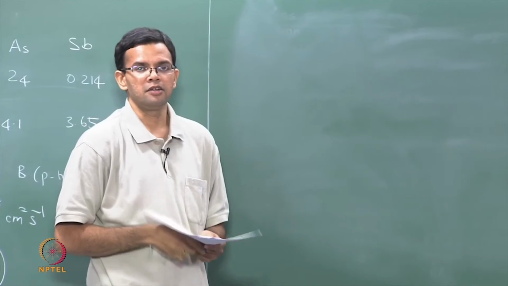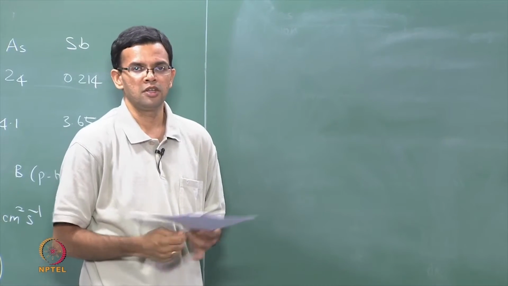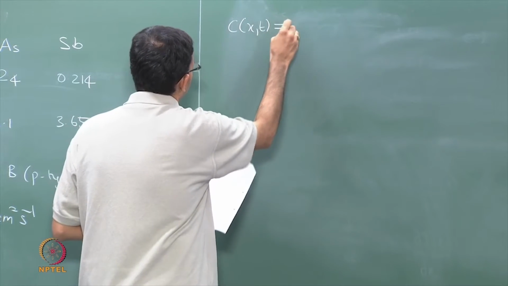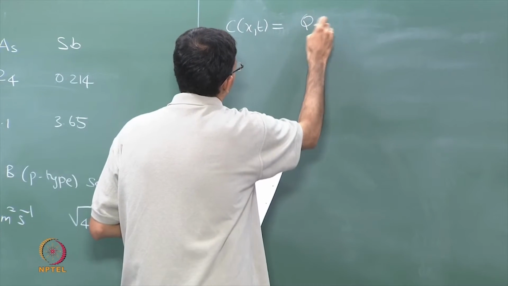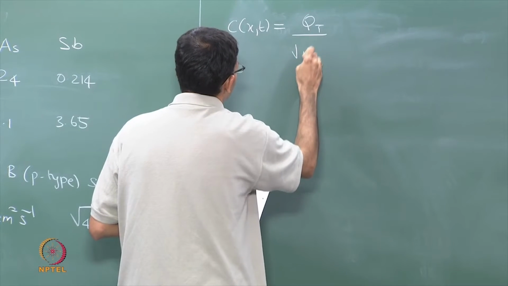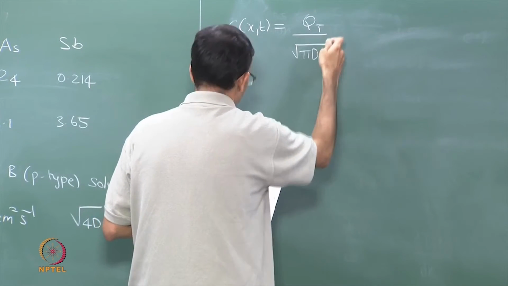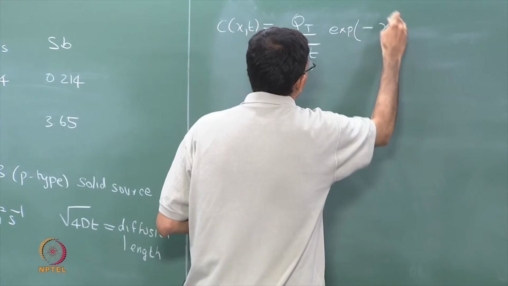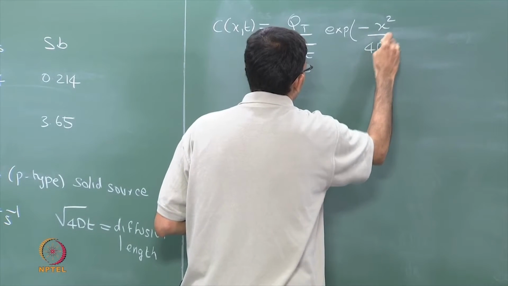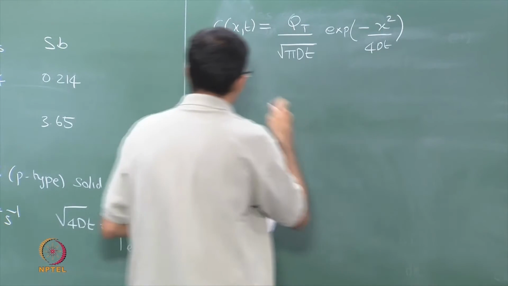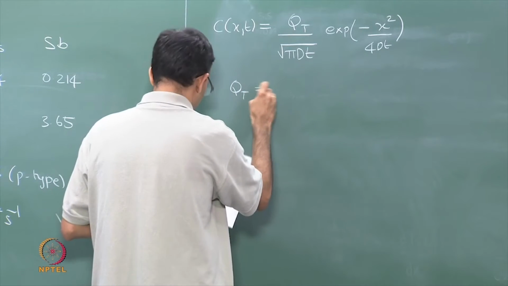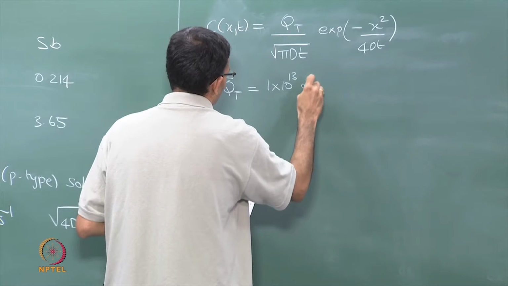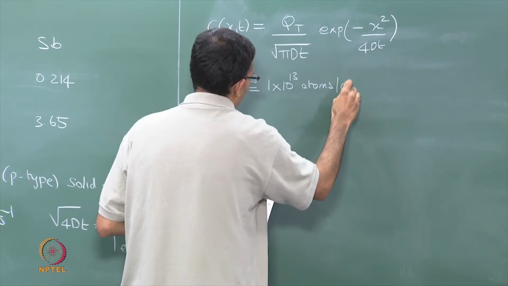So we are looking at solid state diffusion of boron into an n-type silicon. We found that the concentration C of x comma t is Qt over square root of pi Dt, exponential minus x square over 4Dt. Let me take the value of Qt to be 1 times 10 to the 13 atoms per centimeter square.